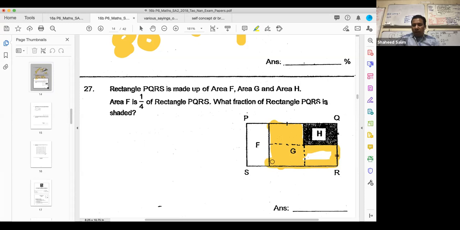Area F down here is 1/4 of the whole rectangle. What fraction of this is shaded? Very interesting question. There are very fast ways and slow ways.